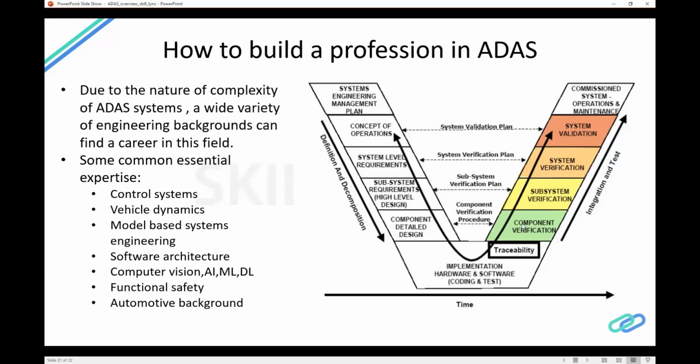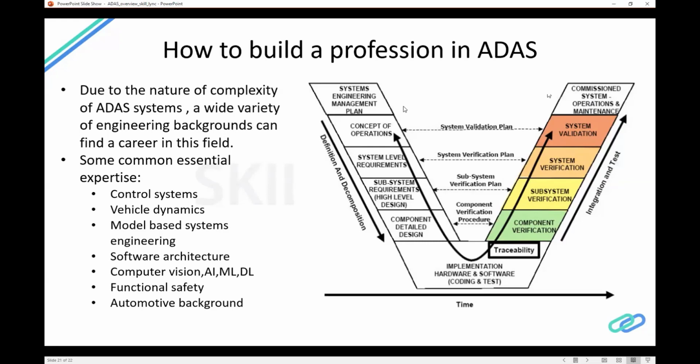They test the system to its extreme limits, make sure it is robust and ready for public roads, and try to see if all the requirements which were defined on the left side are still being followed during the integration and testing phase. And finally, once the system is validated, it is commissioned and put into production.